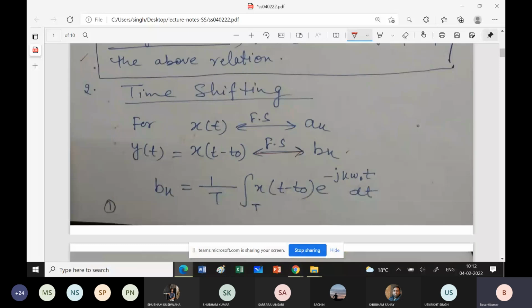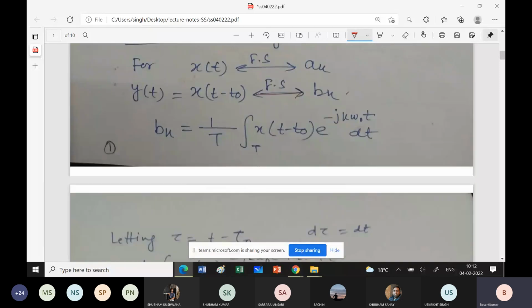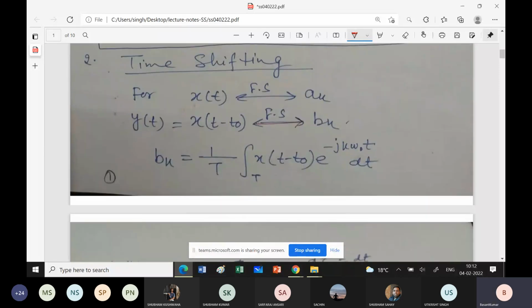Now another property is the time shifting property. Suppose x(t) is represented using Fourier series with the coefficient a_k, and y(t) is nothing but a time shifted version of x(t), and the coefficient is b_k.